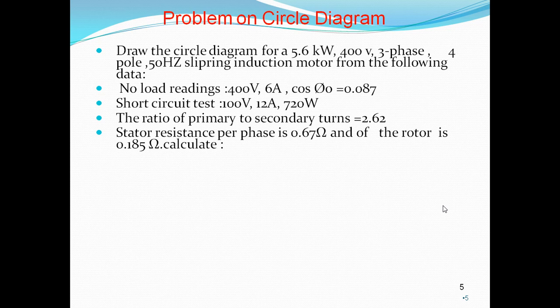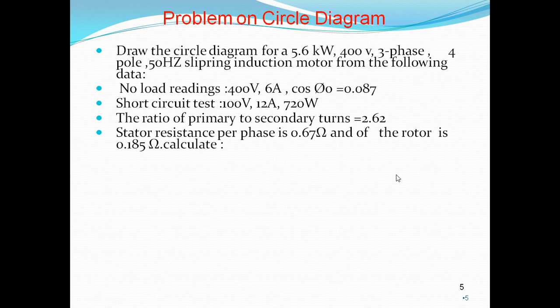The power given in the blocked rotor test is equal to the copper losses. By using these values, we can draw the circle diagram.